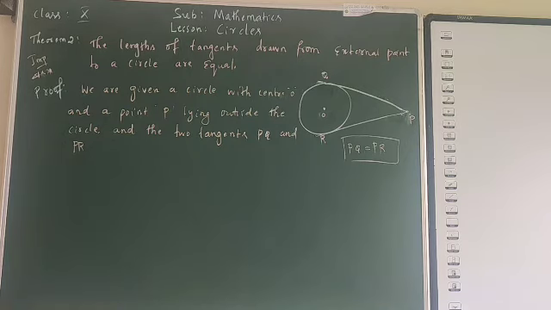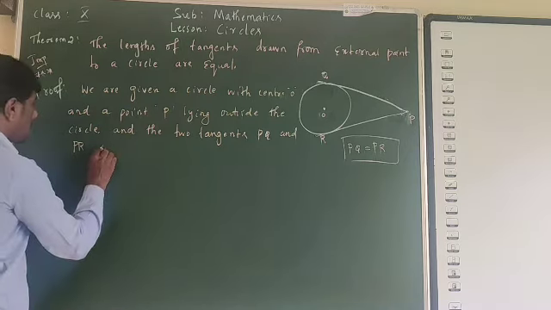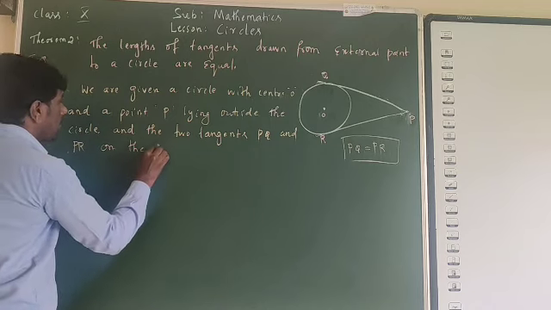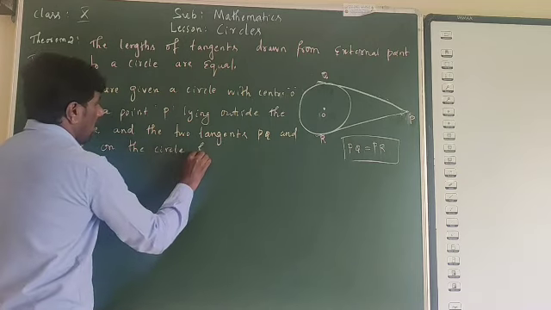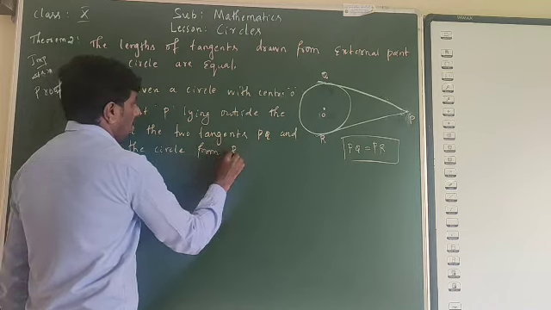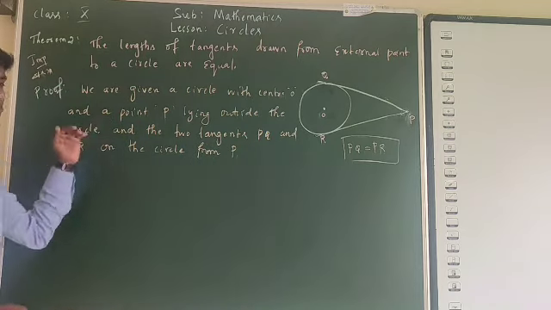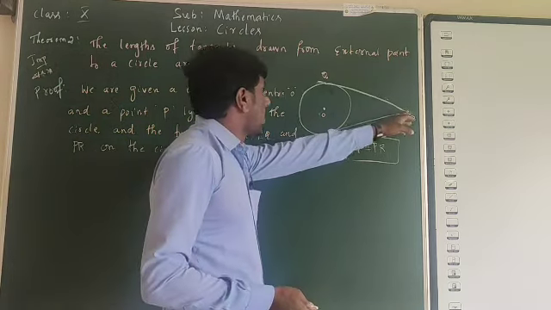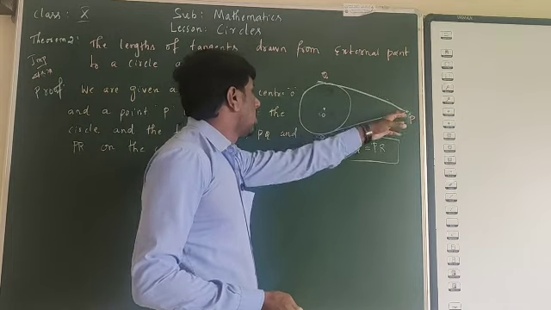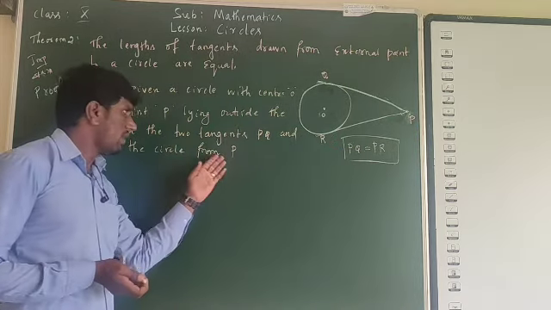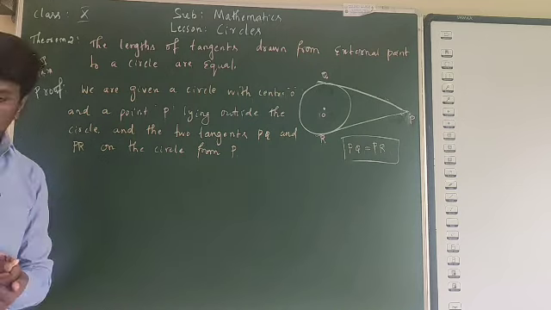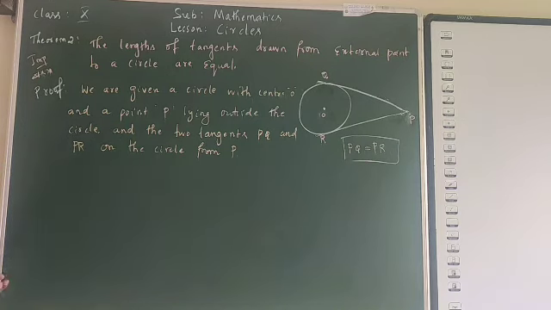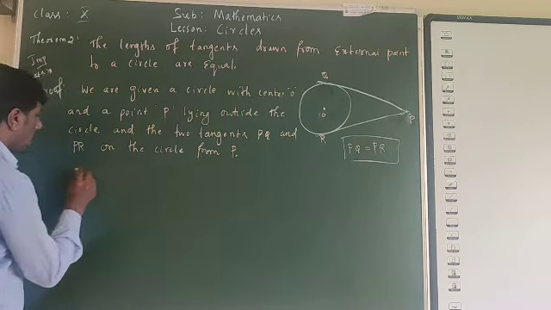PQ and PR are the 2 tangents on the circle from P. So we need to write the 2 tangents from the point P on the circle. That is what we have written here. From the point P, we are required to prove something.